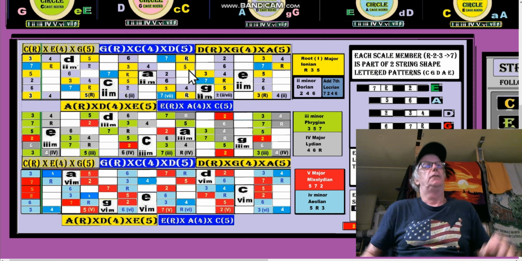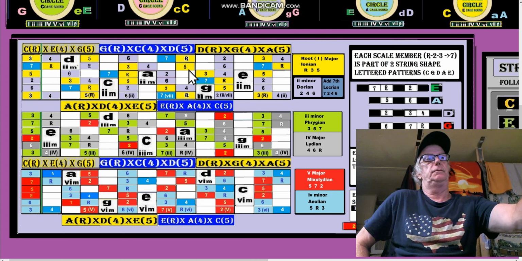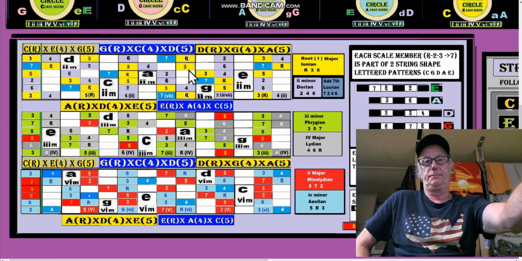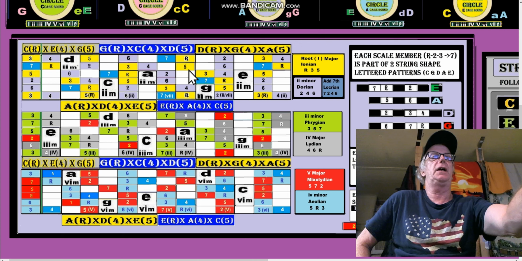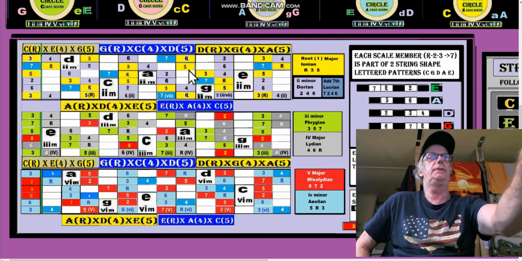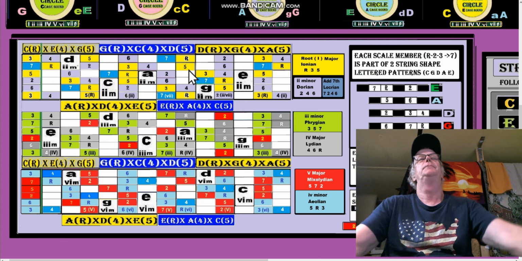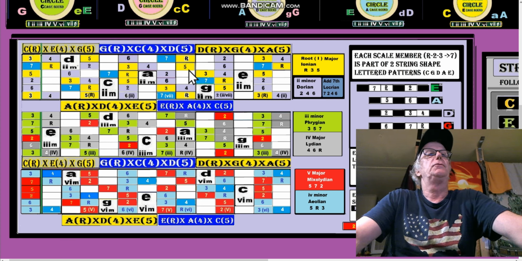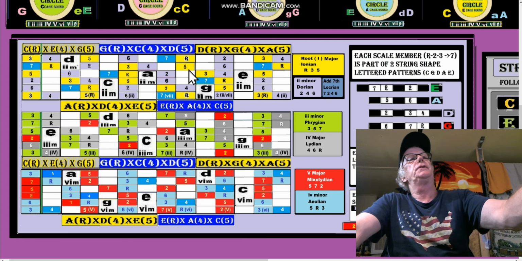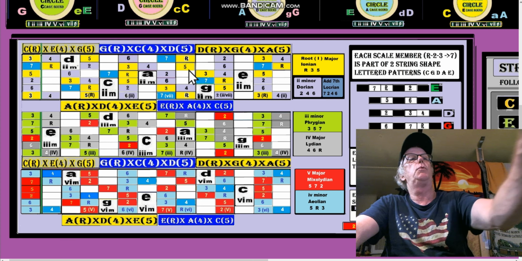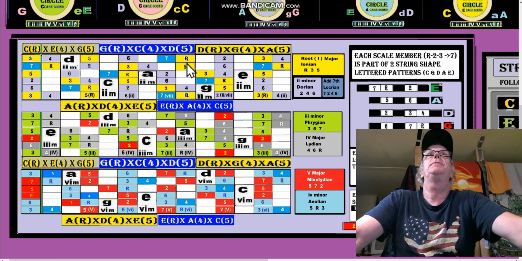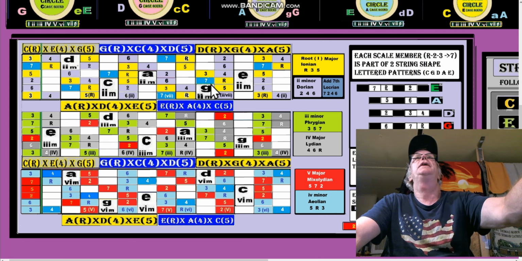The Ionian diatonic scale shares a lot of notes with Dorian, practically all of them. It's the same exact scale, just shifted up 1. They're all the same notes. But in triads, they don't share any notes.